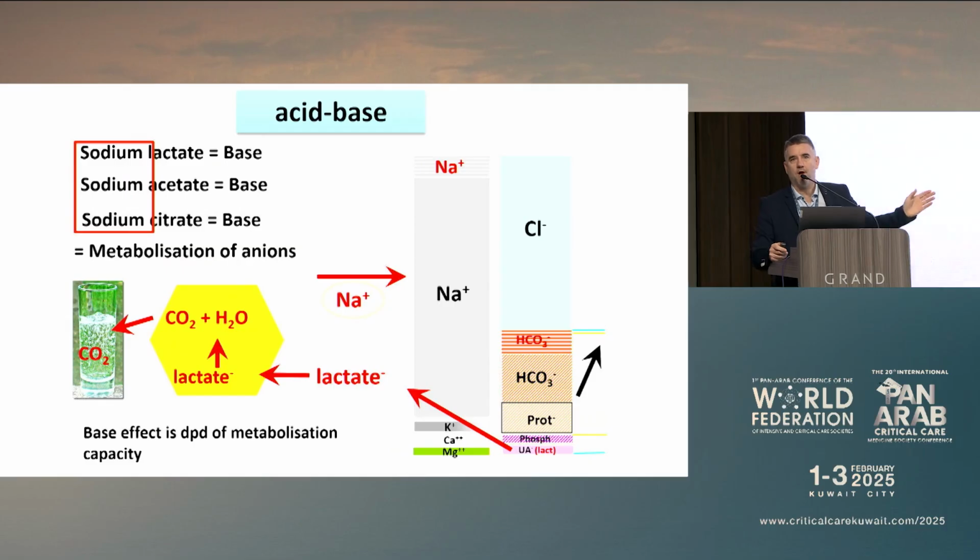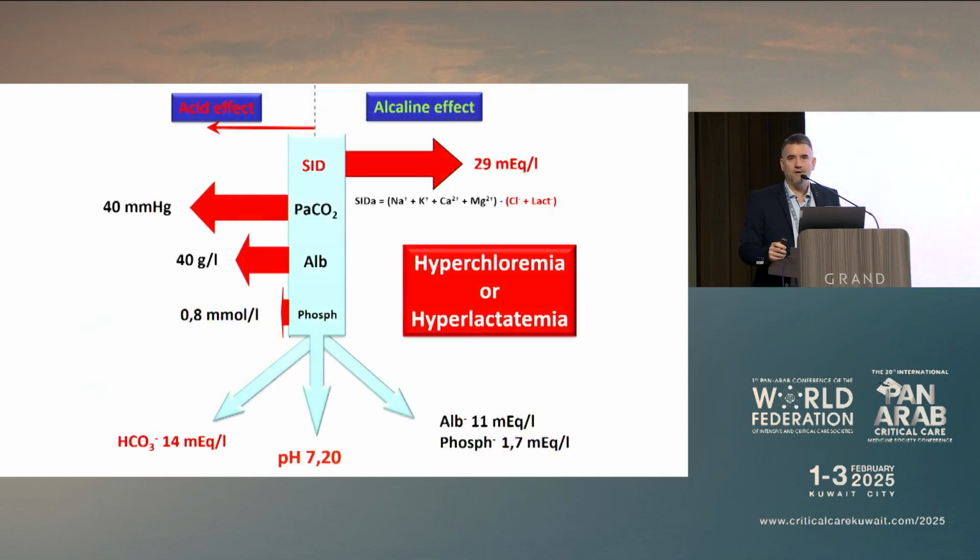If you are able to metabolize the anions, at the end, only sodium remains in the patient, and you can alkalinize the patient due to the increase of sodium level. When you face metabolic acidosis, you have 2 different possibilities: an accumulation of undosed anion, like lactate, or an accumulation of chloride, an increase of chloride concentration.